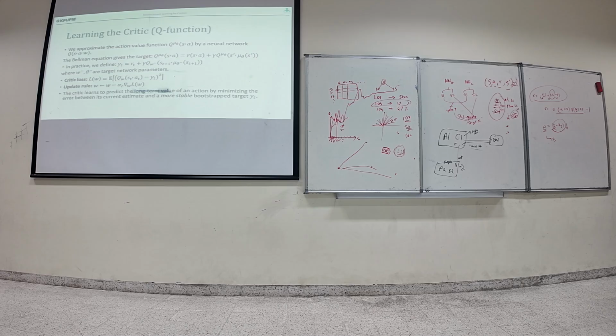The critic estimates the action value function or the Q function, okay? Again, it works exactly as we studied earlier, right? You have the Bellman expectation equation, and you try to update the parameters such that you reduce the discrepancies between the actual value function and the estimated value function.